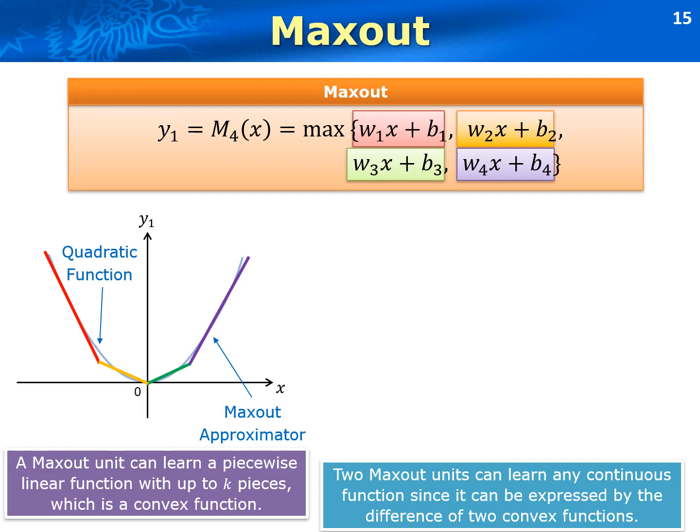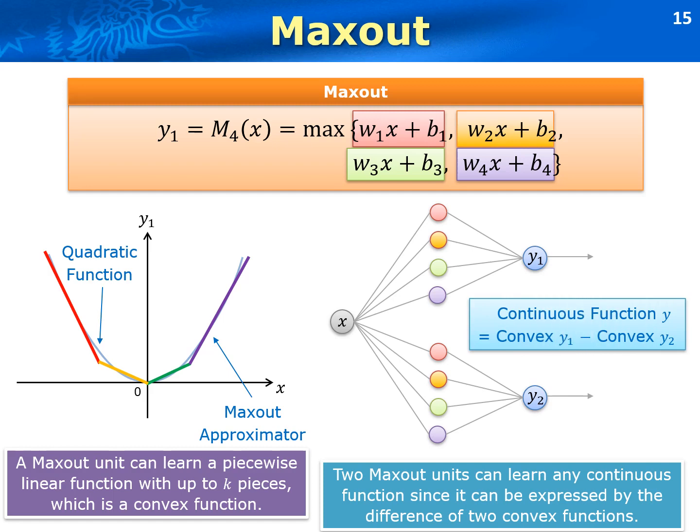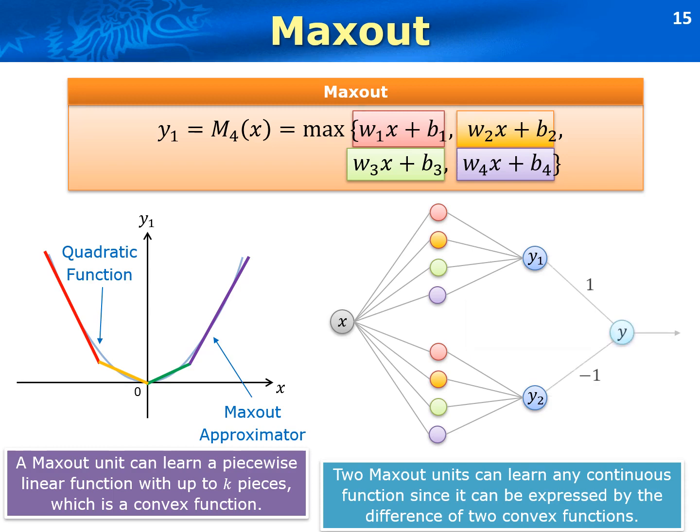We construct the first maxout neuron, y1, using 4 pieces, and then build the second maxout neuron, y2, with the same number of pieces. Since any continuous function y is expressible as y equals y1 minus y2, we add another layer to combine y1 and y2 together, whose edge weights are 1 and minus 1 respectively, such that their weighted sum is y1 minus y2.